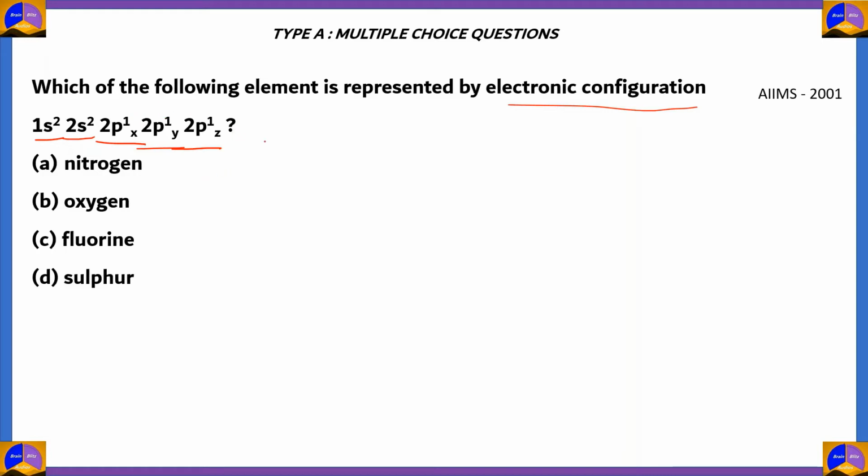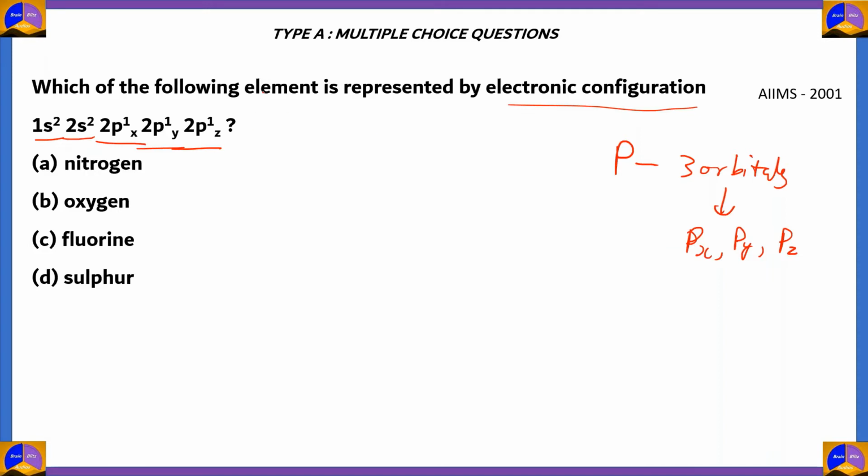What are px, py, and pz? So we all know that p is a subshell in a given shell. The subshell p further is divided into 3 orbitals. And these 3 orbitals are px, py, and pz.